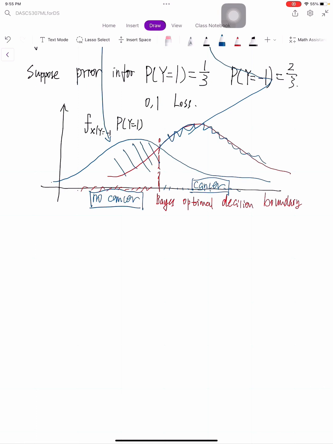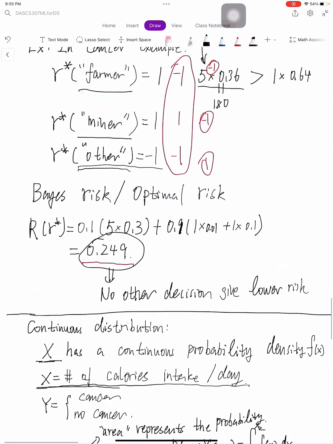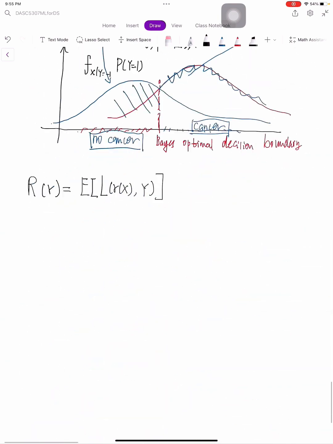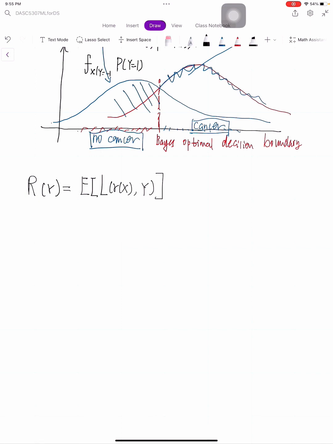And actually, we can also derive the risk function. The risk function can be written as the expected value of the loss of the decision rule. Recall the formula is given here. But here we used summation, and now we are using x as a continuous variable, so we use integration.